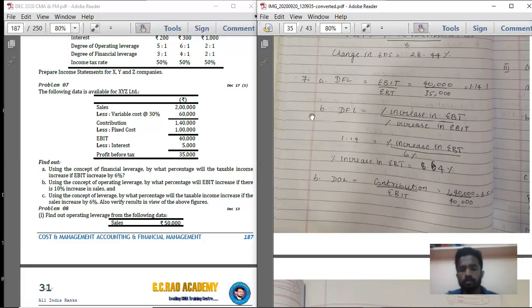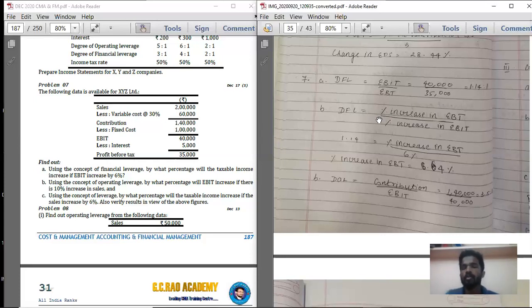So just below that, DFL is equal to percentage of increase in EBT divided by percentage of increase in EBIT. What is the percentage of increase in EBT? We don't know. What is the percentage of increase in EBIT? We know it is 6% because they have given it in point number A.